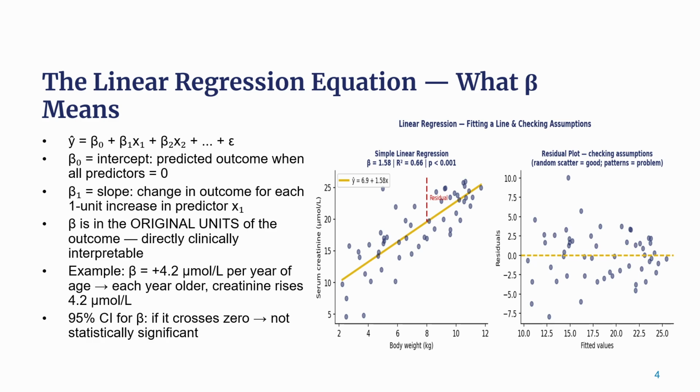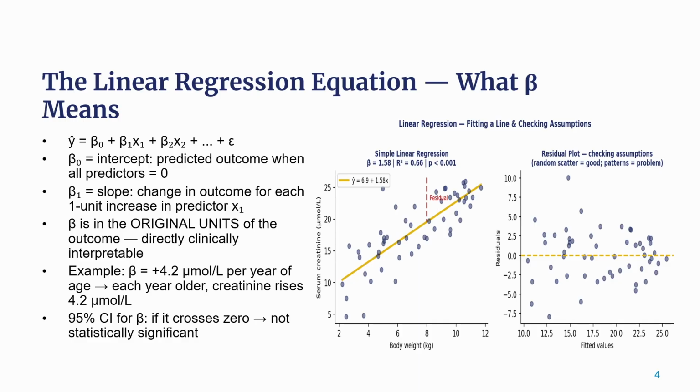If you're modeling serum creatinine in micromoles per liter, a beta of plus 4.2 for age means for each additional year of age, creatinine is predicted to be 4.2 micromoles per liter higher after adjusting for all other variables in the model.